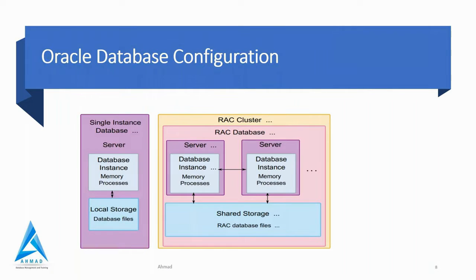So first the instance will come into the picture, and then your instance will find out the database to which it will attach. Then when it attaches, it will open the database. This is the way your single instance database will work when the DBA fires the startup command.